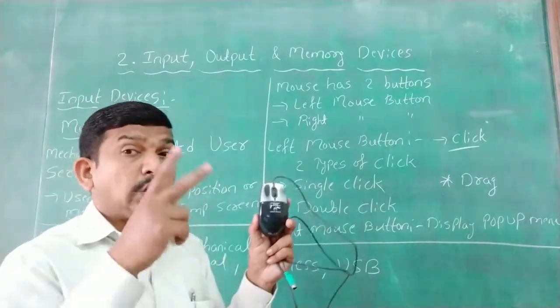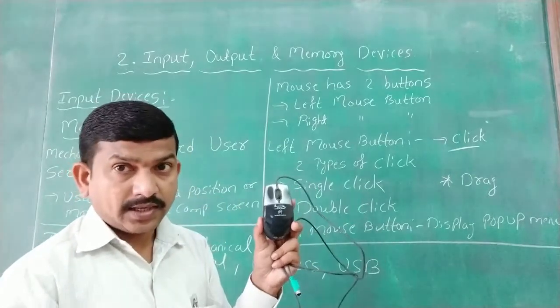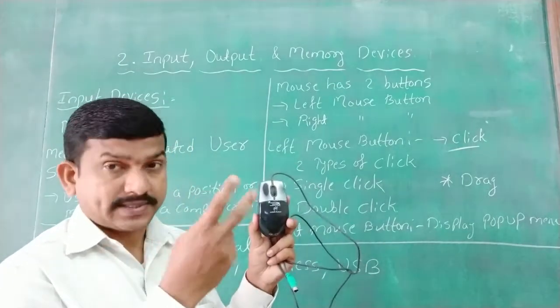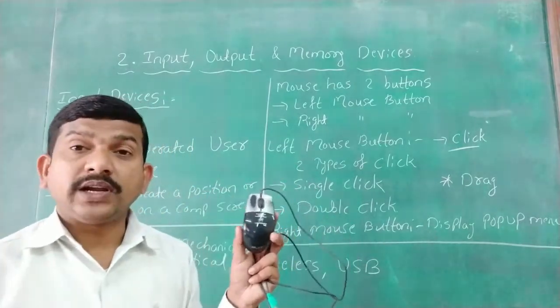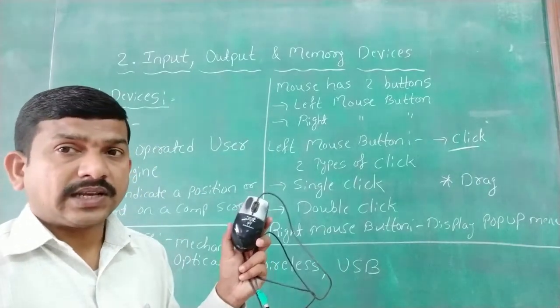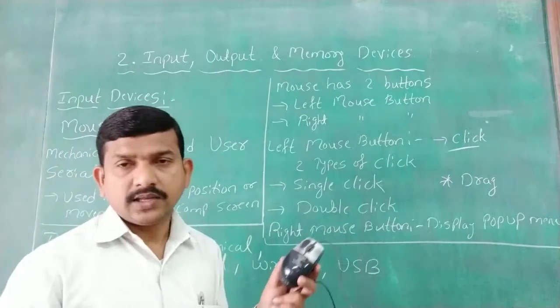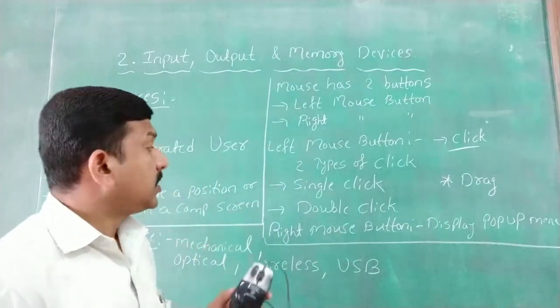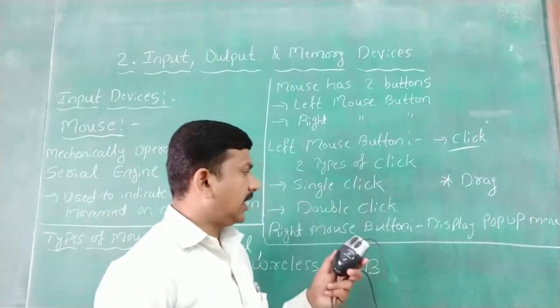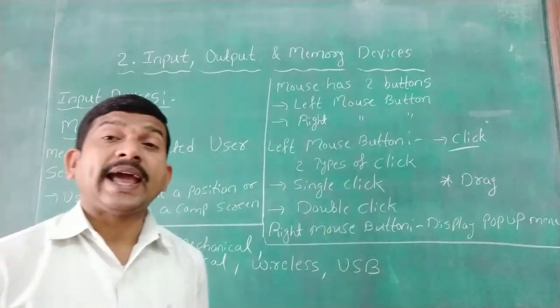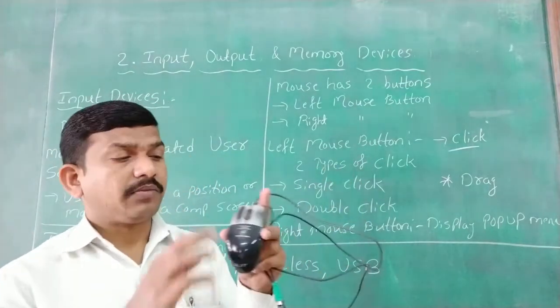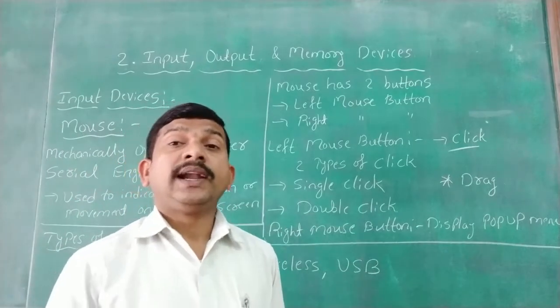Double click means two times quickly, and we call it a double click. Is it clear? We use double click when we run any application or open something. Apart from single click and double click, we can do drag also, with the help of the left mouse button.